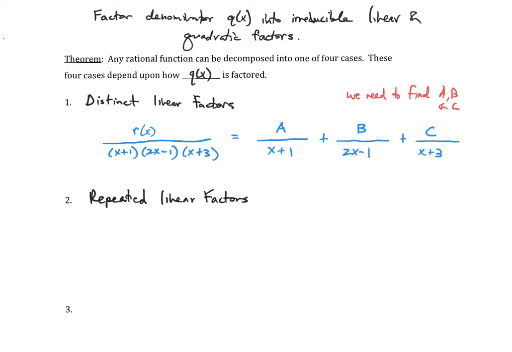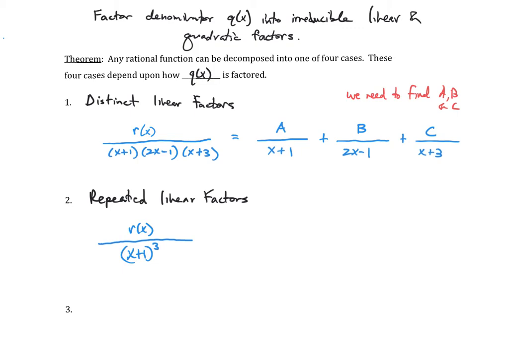So in this particular situation, you might have your remainder r of x up top, and then your denominator might be something like x plus 1 cubed. When you look at this, the denominator only has linear factors, but the linear factors aren't distinct. They're not different like they were in case 1. In this case, the linear factor x plus 1 was repeated 3 times.